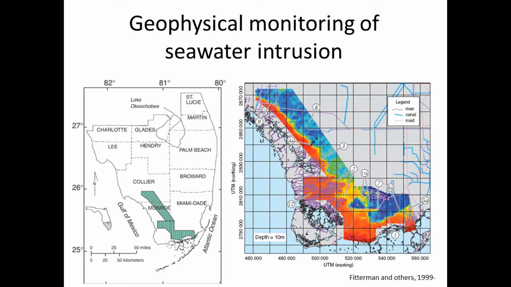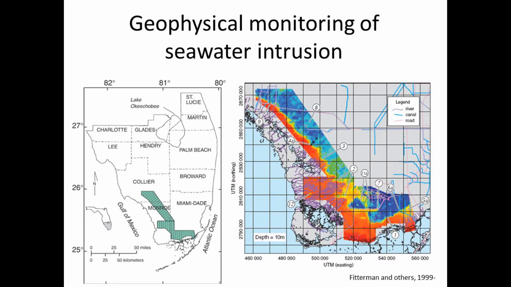And then here, I'm just going to assume it's either apparent resistivity or depth equals 10, so it's the resistivity model at 10 meters. Red's conductive, and blue's resistive, and basically that red zone is mapping out the seawater intrusion into the freshwater. So you can see how far the seawater is inundating into the aquifer there.